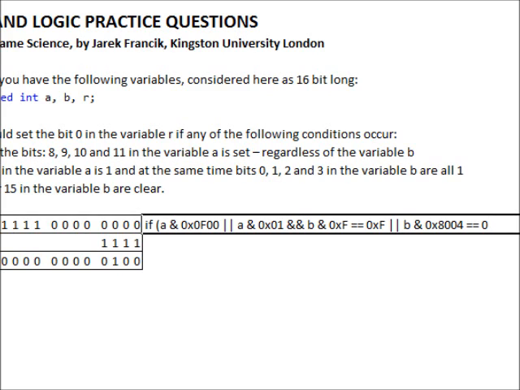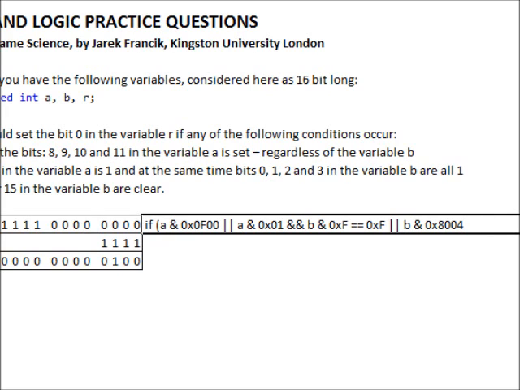But this is of no good either. This condition actually checks for both bits in the same time and would only be true if both bit number 2 and bit number 15 were clear. Our condition says bit 2 or bit 15, so this is wrong.